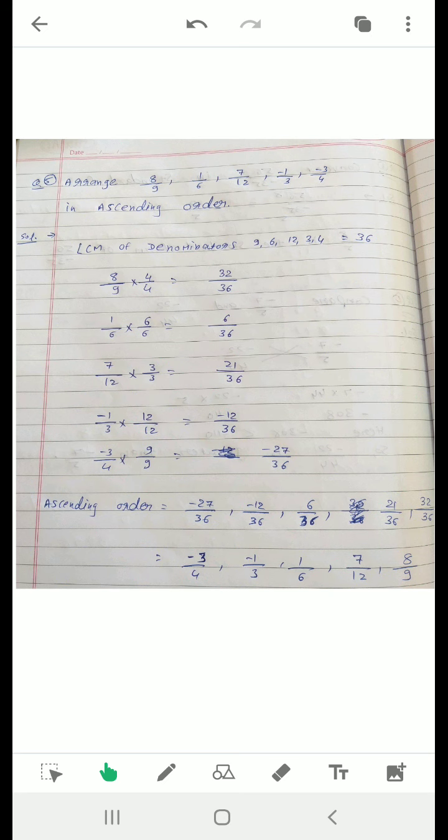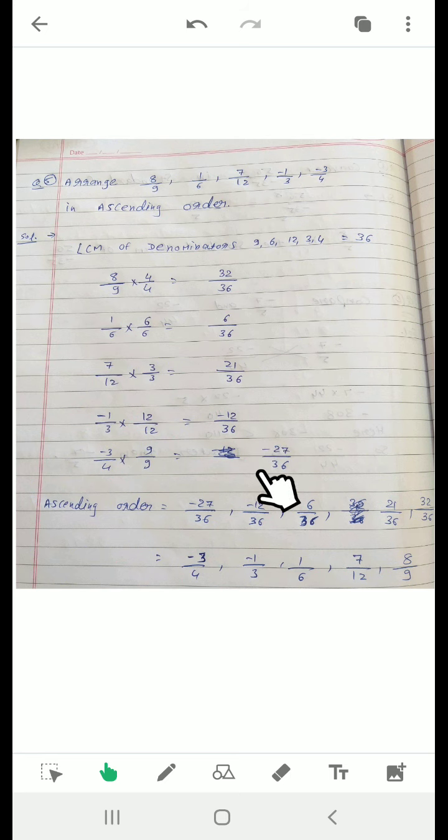Now we can easily compare. As we need to write ascending order, we will first write minus 27 upon 36 because it is the smallest one. There are two negative rational numbers, but between minus 12 and minus 27, minus 27 is smaller according to the properties of integers.